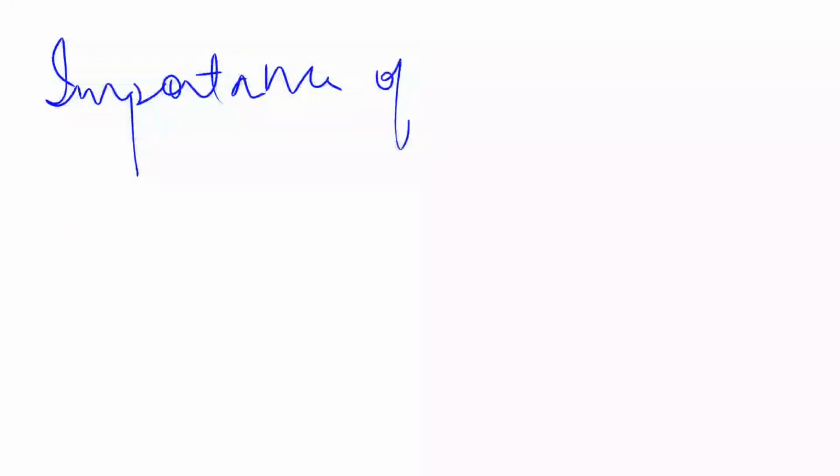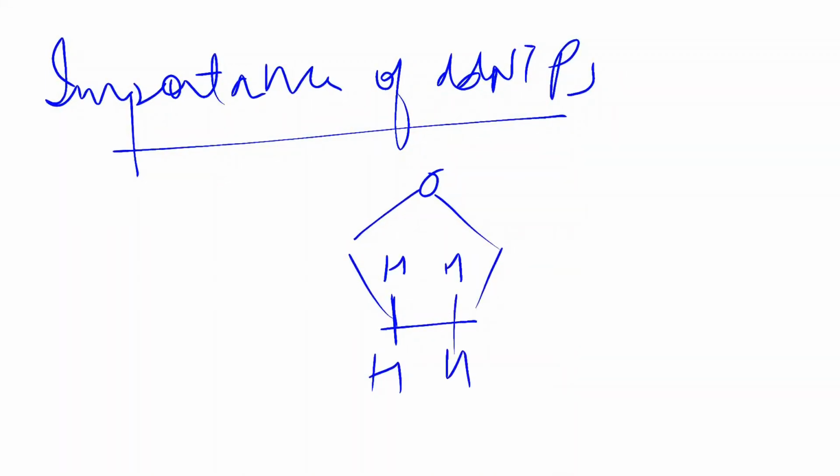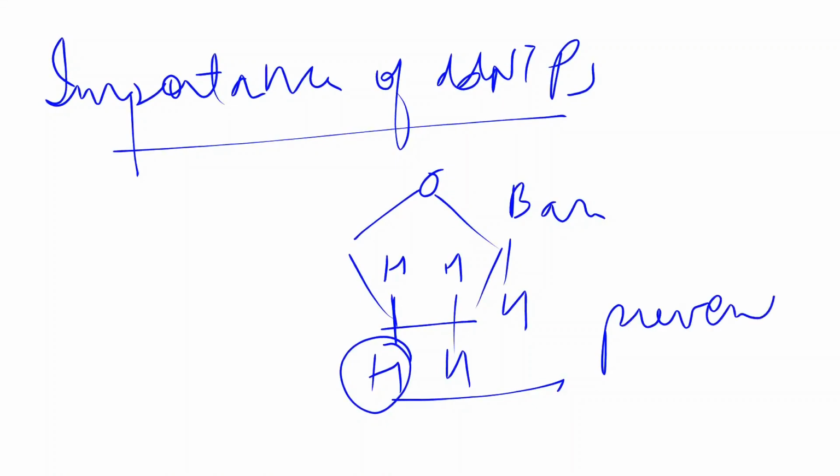So what is the importance of ddNTPs? The structure of ddNTP is such that at the 3' position there is an H, not an OH. This H will prevent the further addition of dNTPs.